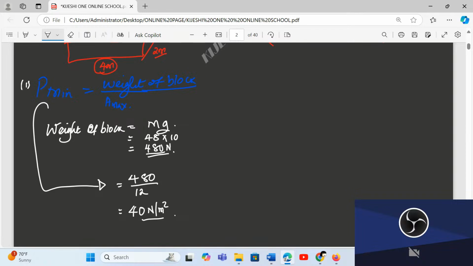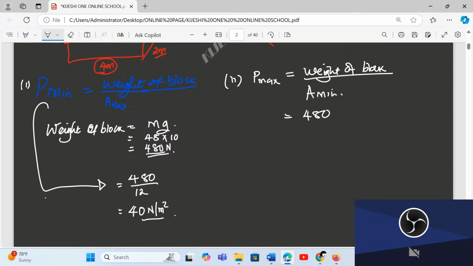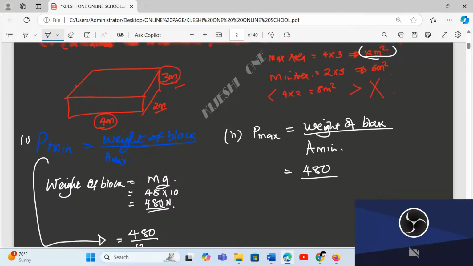This was Roman 1. Roman 2, where we are being asked about the maximum pressure, is given by the weight of block over minimum area. This is 480 newtons divided by minimum area.